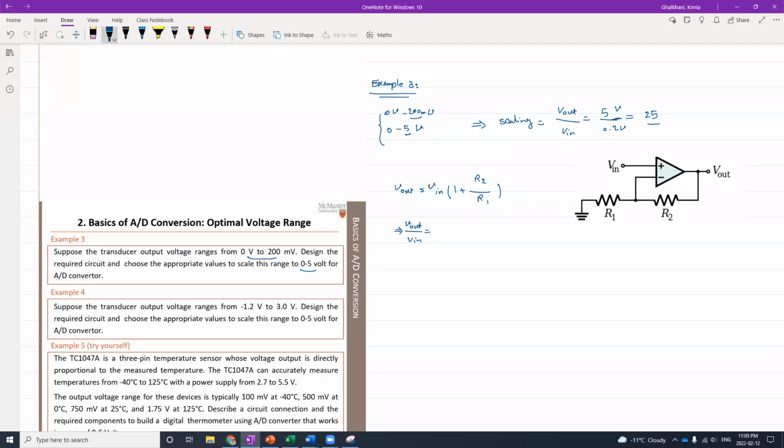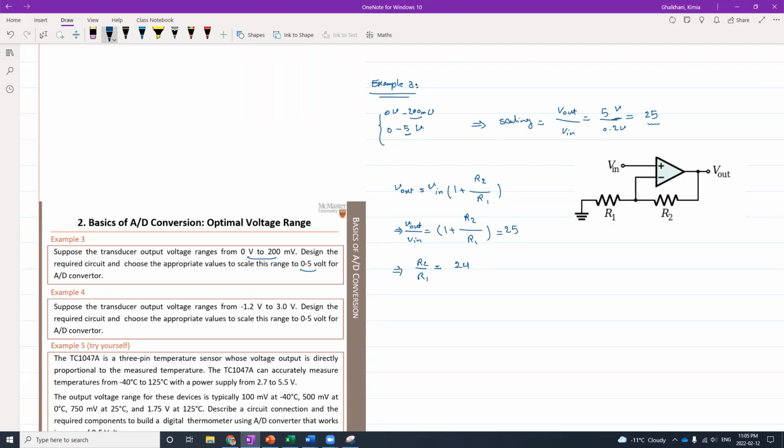So I'm just going to rearrange the equation and substitute: V out over V in equals 1 plus R2 over R1, which equals 25. So R2 over R1, if I send the 1 to the other side, is going to be 24.